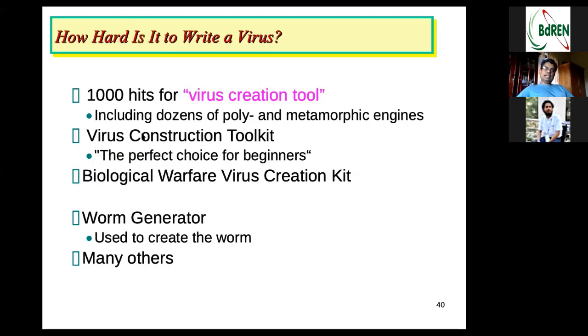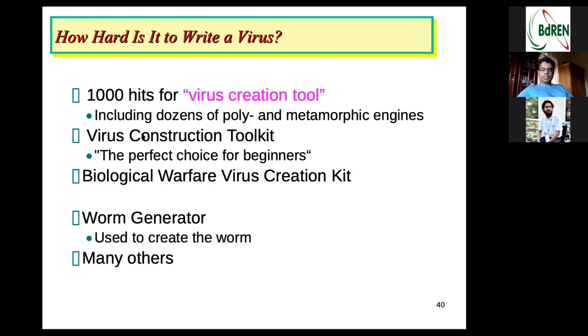So how do you hide the virus? Ten to fifteen years ago, writing a virus was a hard job. But writing a virus is a very simple job now, and detecting the virus is a hard job now. That's the problem we are facing nowadays. Virus creation is a simple task now.